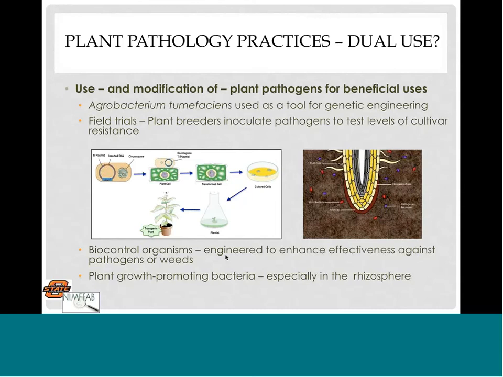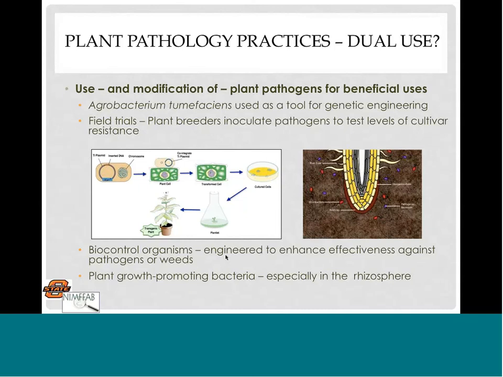For one, the use of Agrobacterium tumefaciens, and we modify that as a tool for genetic engineering. When we do field trials, plant breeders will deliberately plant an array of different cultivars that they've developed by breeding and then inoculate them in the open to test their resistance.